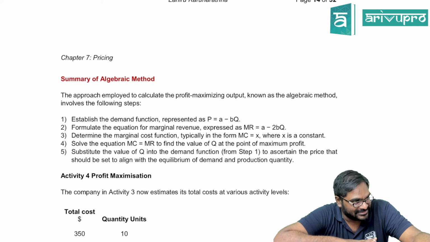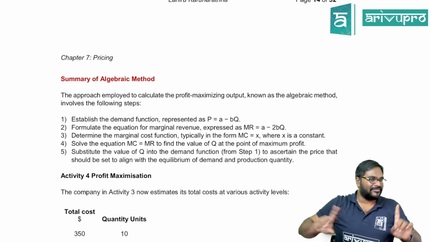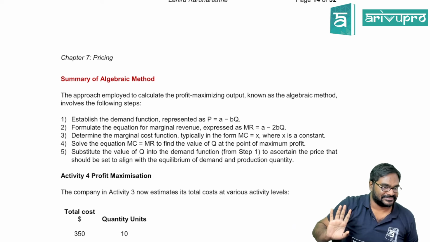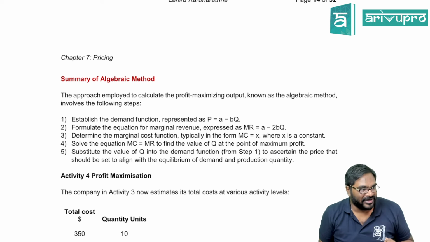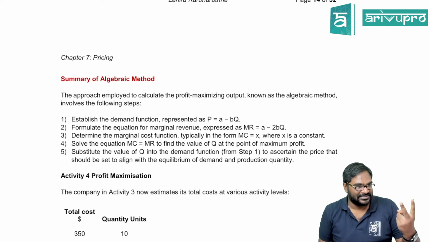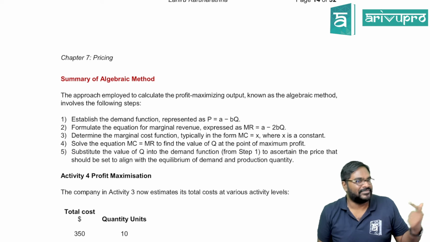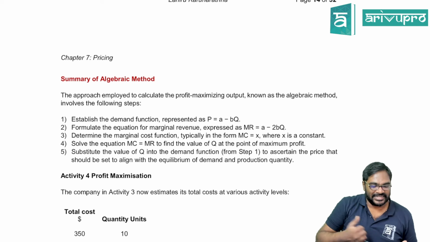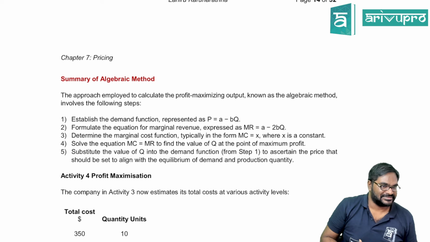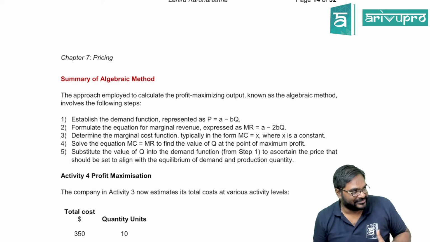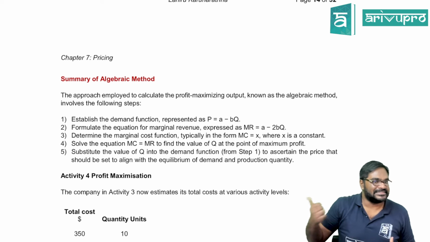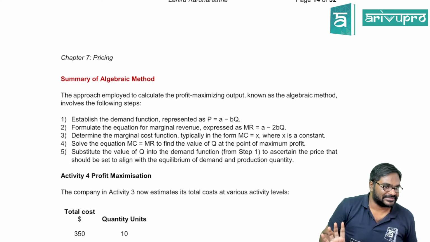And once you get that quantity, substitute that into your price function. Not clear? Step 1, establish the pricing function. Then to figure out the optimal point, what do we need? We need two things: marginal revenue and marginal cost. Marginal revenue, we have a formula. Use the formula and find the marginal revenue. Marginal cost, we know how to calculate. Calculate the marginal cost.